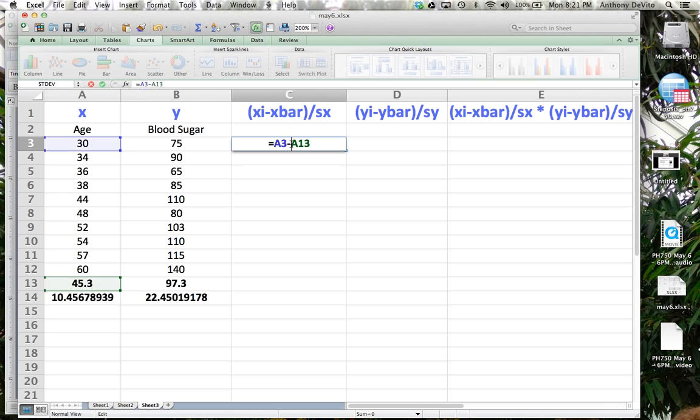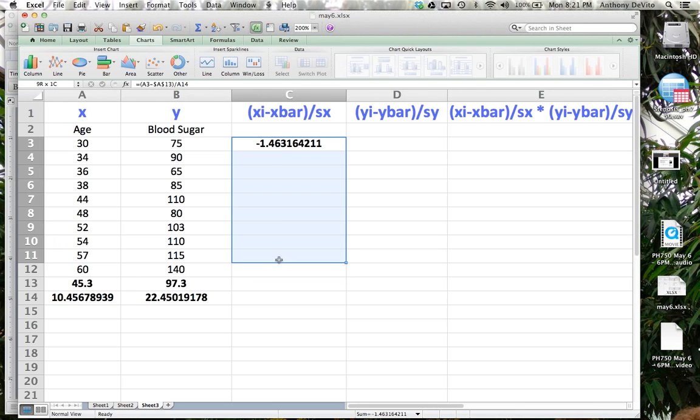Now I want it to repeat that value over and over again. So I'm going to make sure it references that cell exactly and doesn't move around. Okay, like so. I'm going to put that inside of parentheses. Okay, and I'm going to divide by the standard deviation for X. I'm going to hit enter. And that's that value for that particular value.